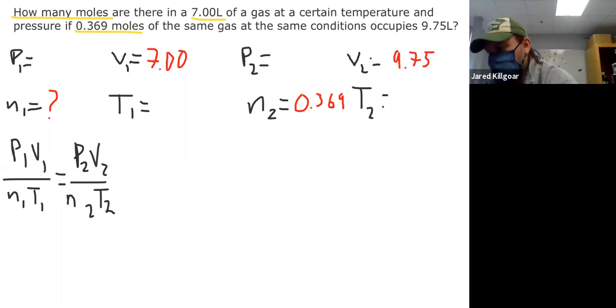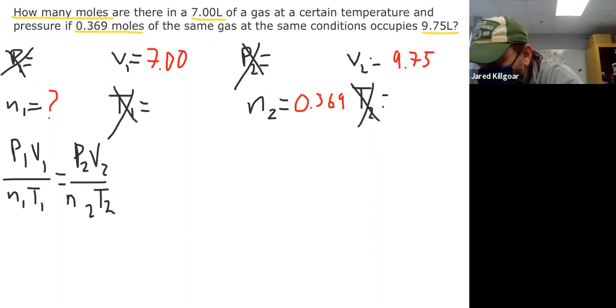One thing you can get from this is that it says at a certain temperature and pressure, and at the same conditions. So we're going to assume the pressure and temperature are constant, and cross those out of the equation.